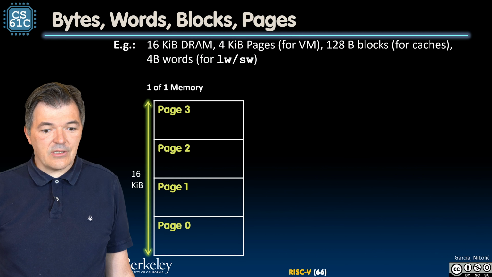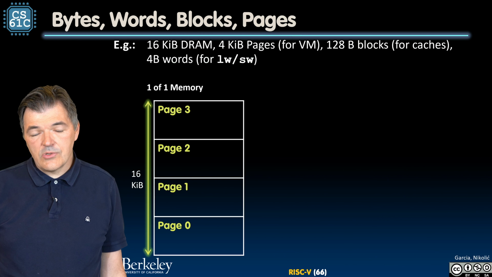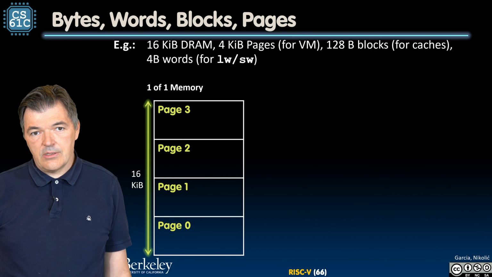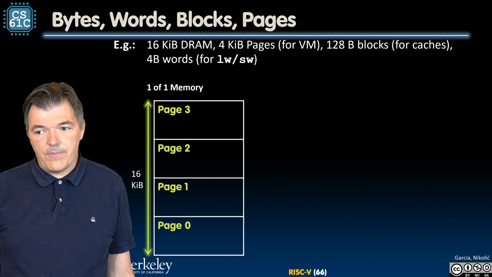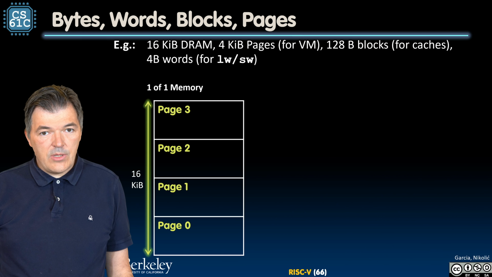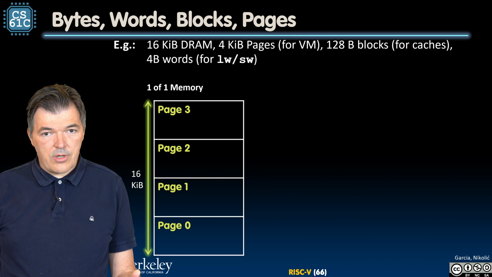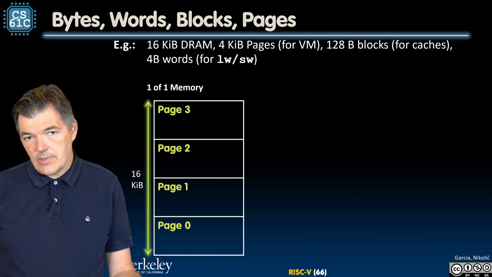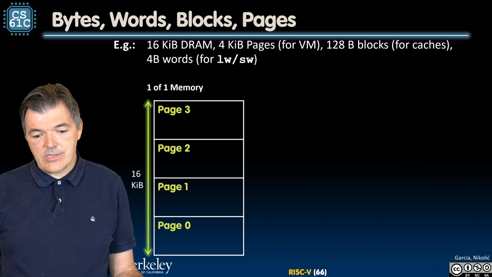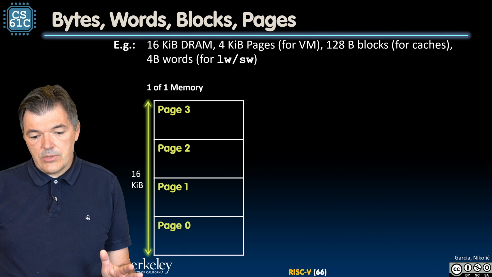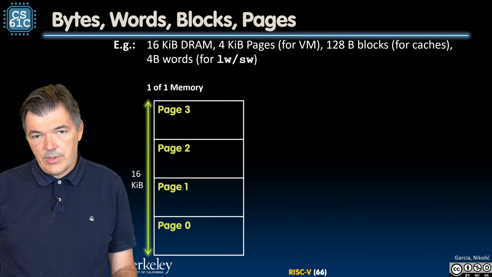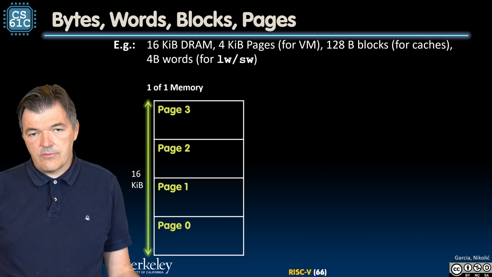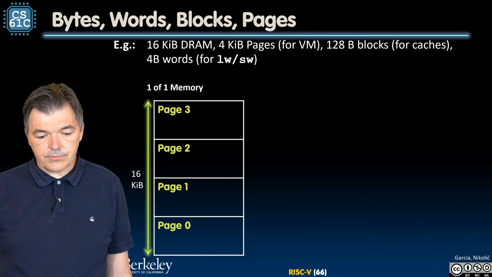Let's take a look at a quick example. Let's say that we have a really simple computer that just has a tiny amount of DRAM, a total of 16 KB. These 16 KB will be organized into 4 pages, where each page is 4 KB, in a simple virtual memory system that it would have. It would have 128 byte blocks for caches and 4 byte words for loads and stores.